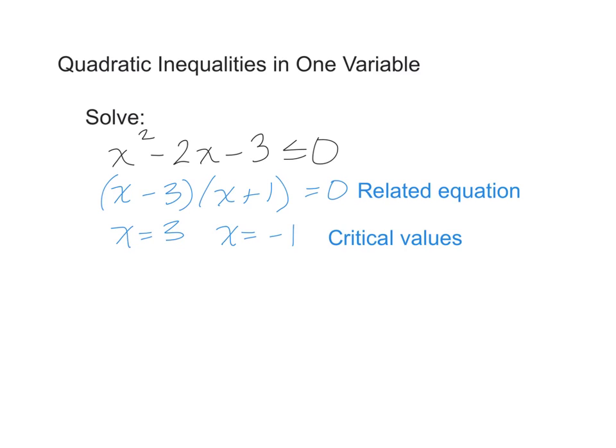And what that means is that those numbers define the solution set. They're like the endpoints of the solution. So then I'm going to plot them on a number line and we'll figure out what the actual solution is. So here's my number line.